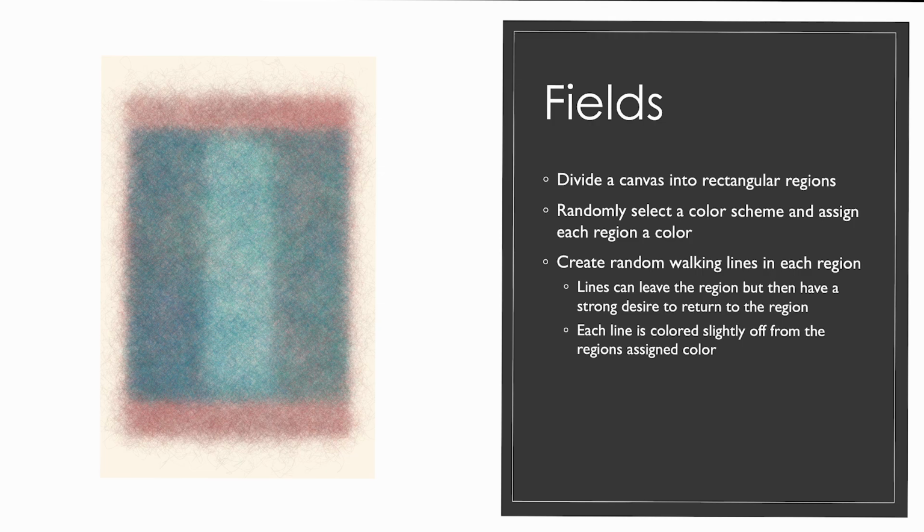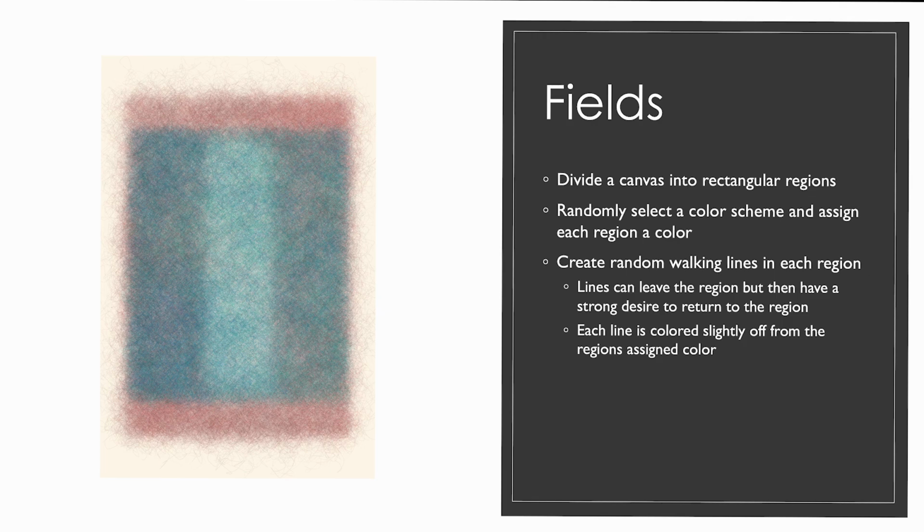I take the canvas and I subdivide it into a series of smaller rectangular regions. For each composition, I randomly select a color scheme, and those are very broad color schemes. So one might be analogous or complementary or quadratic or something like that.